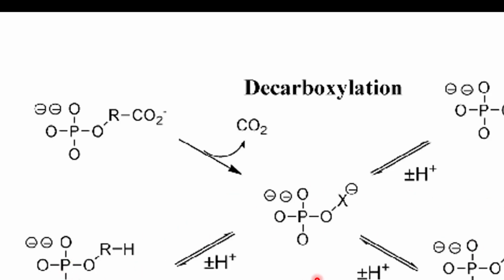So this is an isomerization, while decarboxylation means removal of CO2. Decarboxylation via decarboxylating enzymes refers to a chemical reaction where a carboxyl group is removed from a molecule, releasing carbon dioxide. So many decarboxylation reactions lead to release of carbon dioxide.